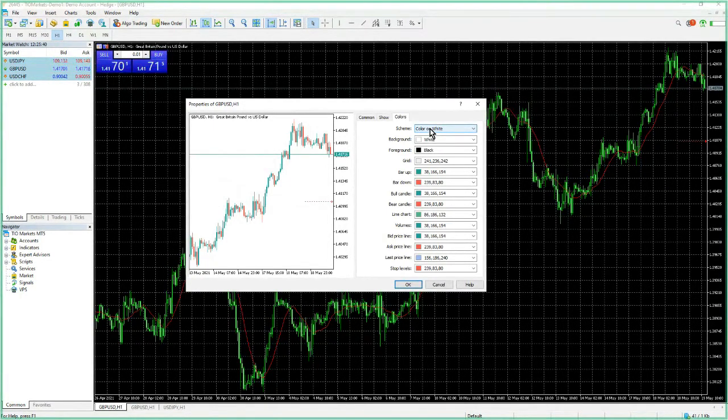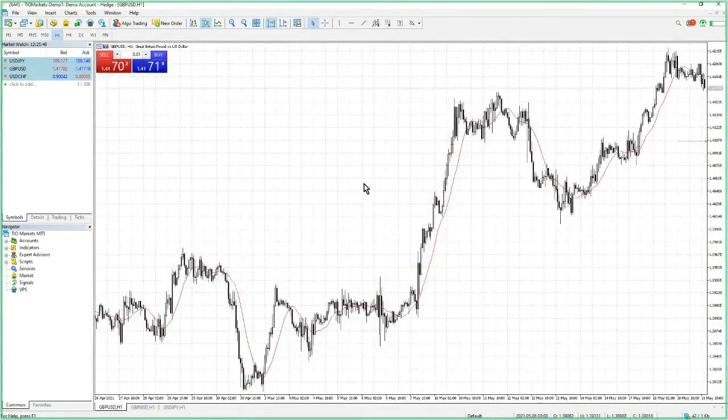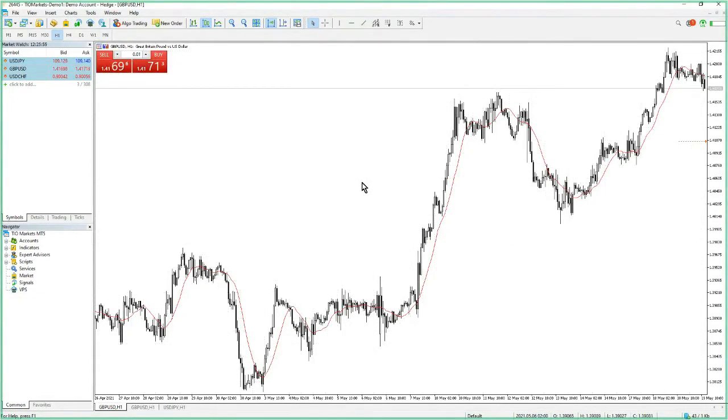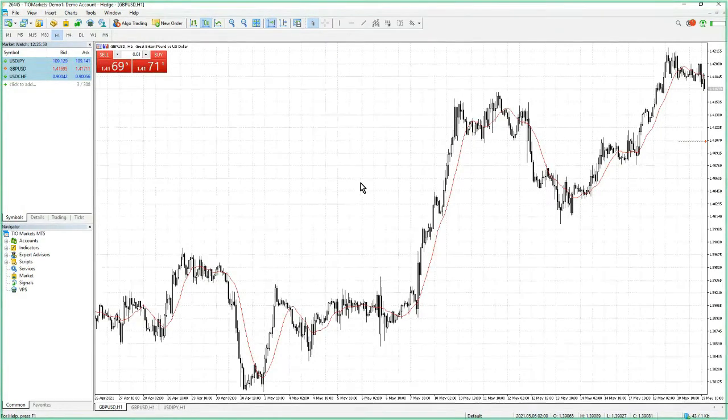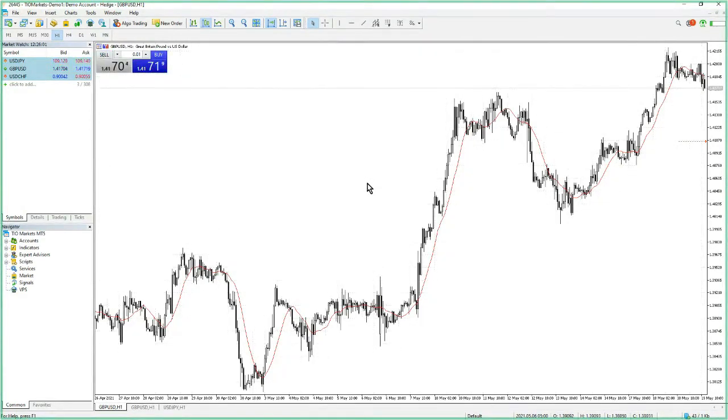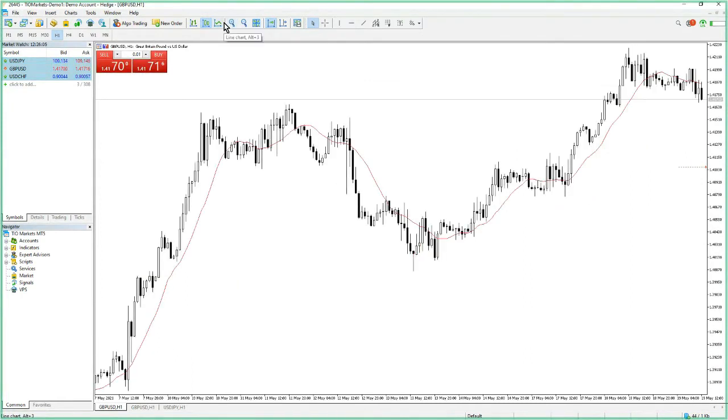But yeah, I just like this. Black on white is quite simple. Not too many colors, not too many distractions. And if you press Ctrl and G on your keyboard, that's how you can get rid of the grid. All right. Cool. So here we are. Any questions so far?